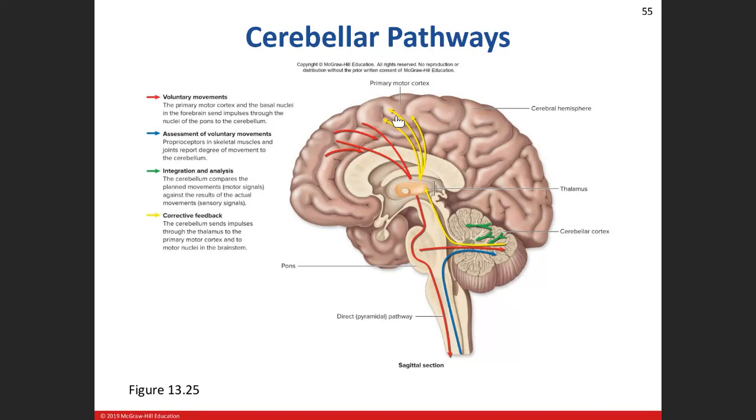Then you can loop it back down through the voluntary movement. So it's a constant feedback loop. As you get better at it, you start to form those more permanent pathways. So you play the piano better, you kick the soccer ball better, you can juggle better. It's all involved with those cerebellar pathways.